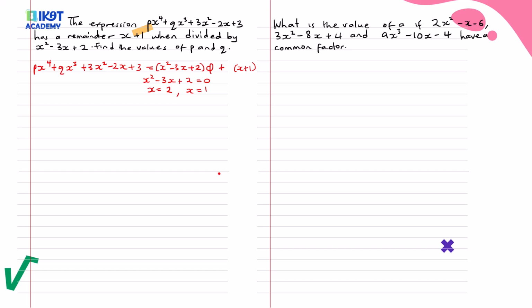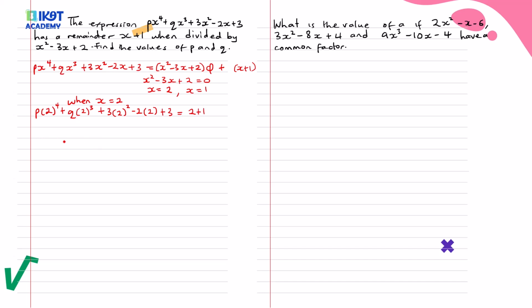So now we can substitute. Since here we have two values, we are going to first say when x is 2, then we substitute. We bring it here, 2 to the power 4 times p plus q times 2 cubed plus 3 times 2 squared minus 2 times 2 plus 3 is equal to, this was 0, but now we are also substituting the value of x, 2 plus 1. So now we open this.